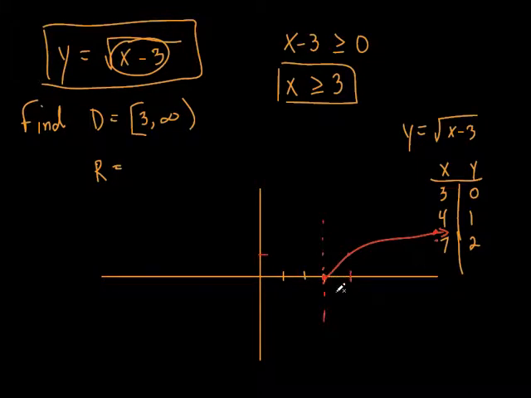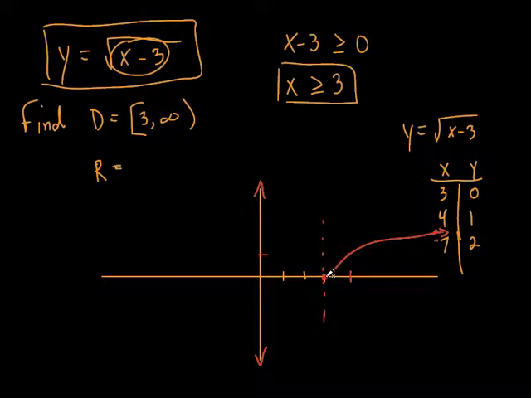What about the range, though? It's everything what? Remember, the range is up and down. What's the very bottom of the y of this graph right here? It's 0, isn't it? See, I'm talking up and down now. I'm talking y-axis.